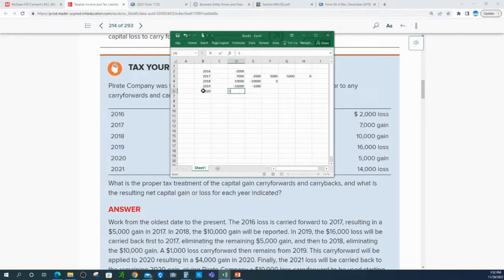2020, we had a $5,000 gain. We're going to apply that 1,000. So we've absorbed all of that 16,000. Sorry, this should be 4,000.